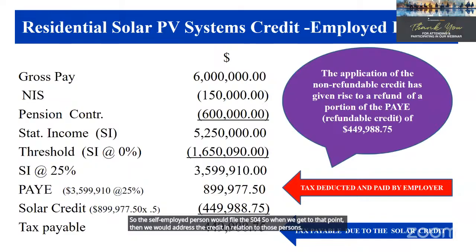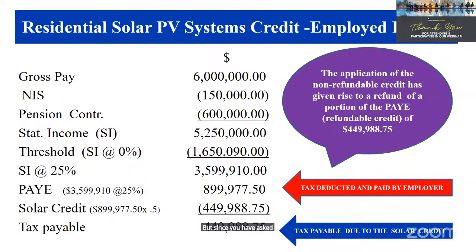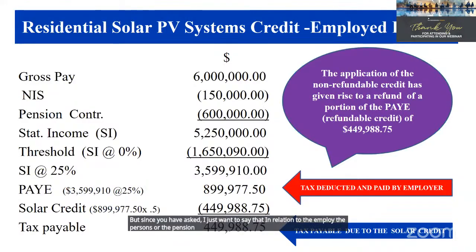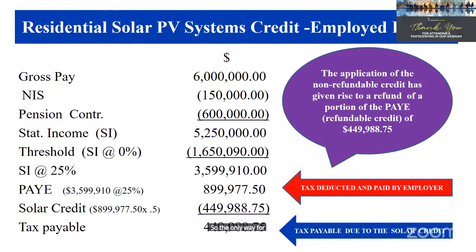But since you have asked, I just want to say that in relation to the employed persons or the pensioners, they would get a refund because whoever is paying them would have deducted the tax at source. So the only way for them to benefit is to get a refund. Now, come back to the S04 webinar.